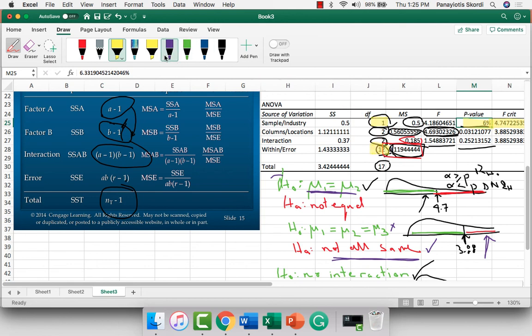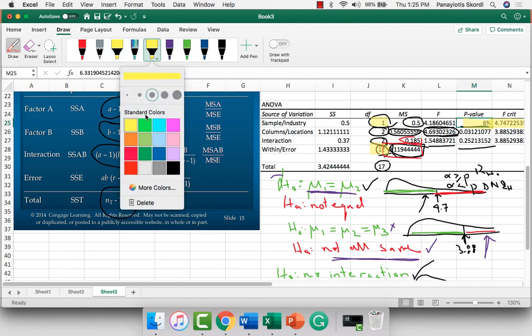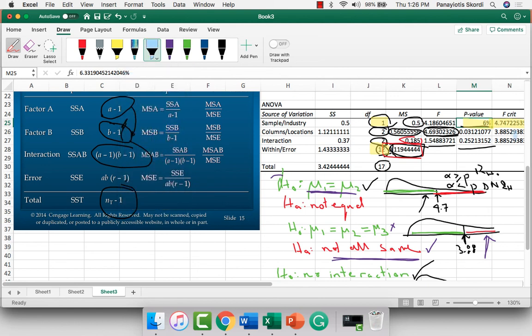When you're working over here to work out the f-critical and p-value, the degrees of freedom you're going to use are 2 and 12. So this one is a base one. This error one is a base one. So go through that and verify those to check that you've really understood how to do it.